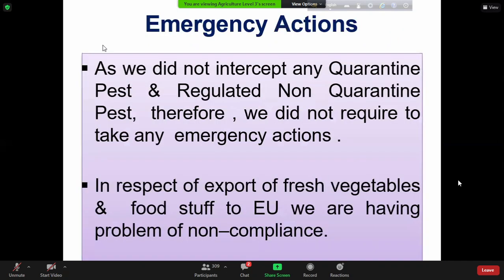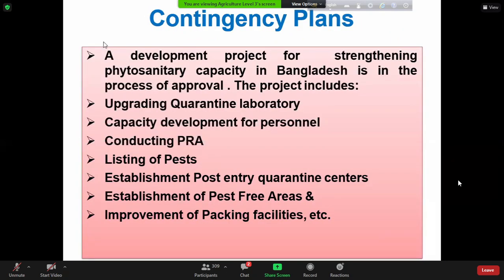You can see here, we didn't prepare any pest list until 2010, but after that we prepared it. And nowadays, a project has been taken to develop or to strengthen phytosanitary capacity in Bangladesh. And this project includes that we have to upgrade quarantine laboratories in the country.